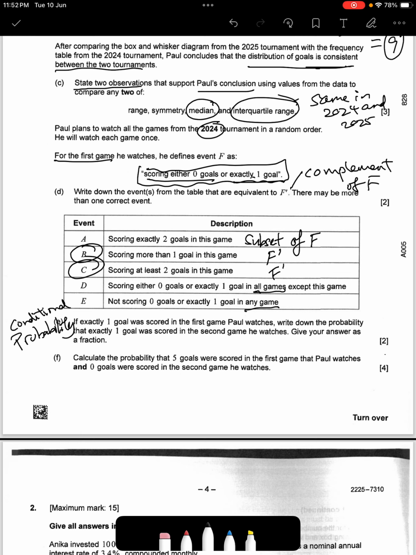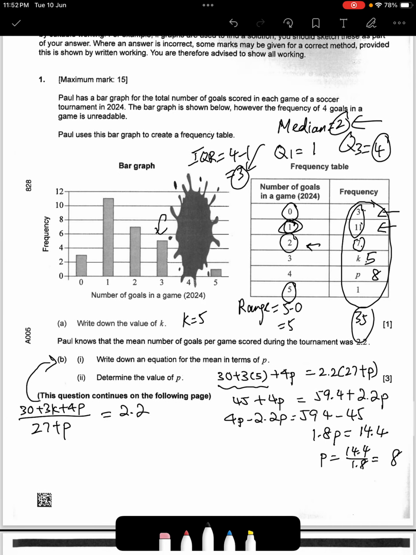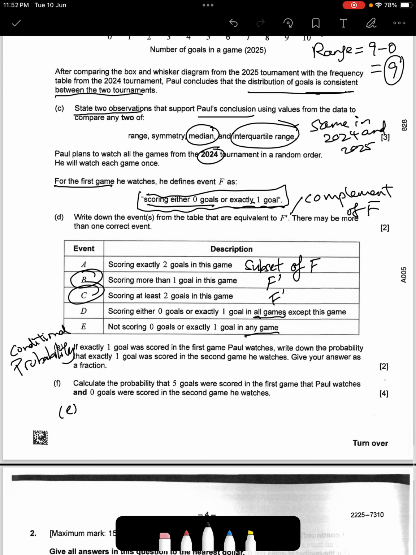And so we know that in the first game that he watches, let's just write down all the information first. So there are 11 games with one goal. Now it says to find the probability that exactly one goal was scored in the second game that he watches. So if he watched the first game, which has one goal, that means I'm down to only 10 games.